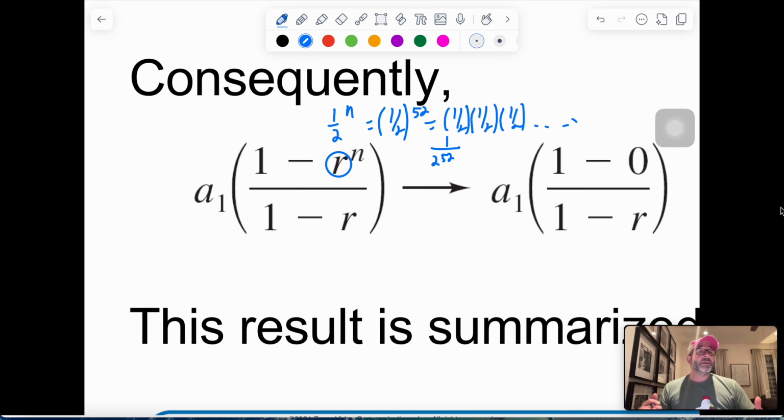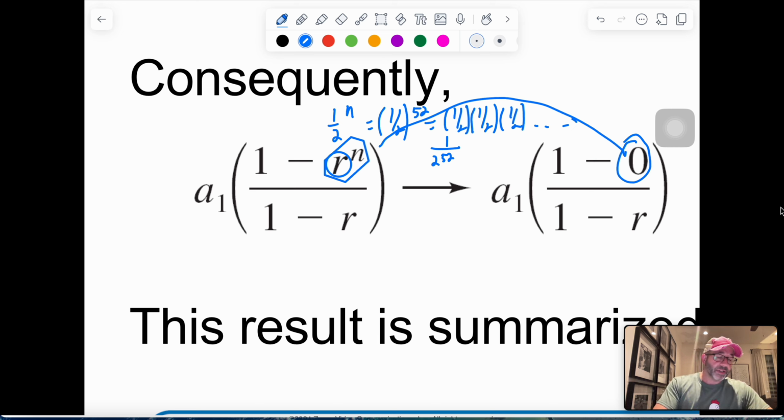So 1 divided by a big number means that this overall value, as n becomes infinitely larger, is going to approach 0. So as n gets really large and we have a ratio that's smaller than 1, that overall value is going to get closer and closer to 0. So I can just ignore this part of my equation.